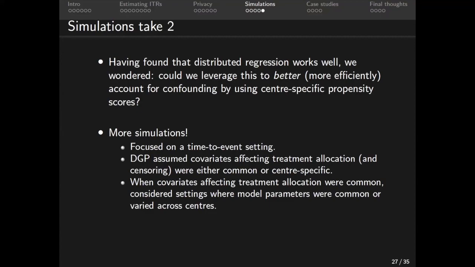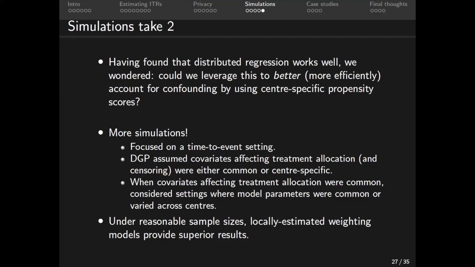Our data generating process assumed that the covariates affecting my treatment allocation and also the censoring, whether or not we got to observe the outcome, were either common across all our centers or variable, so center specific. And when they were common, we considered settings where both the parameters were common or when they varied. So it could be the same covariates, but different effects across centers. It could be different covariates as well.